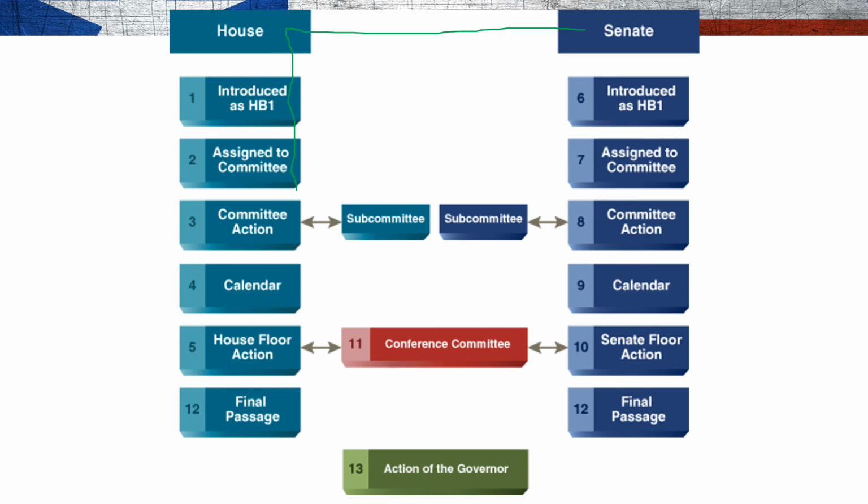Then the committee has to meet and discuss the bill. Sometimes they would debate, they would call witnesses to oppose the bill in order to let those people be heard. They may talk to lobbyists, they may mark up the bill.